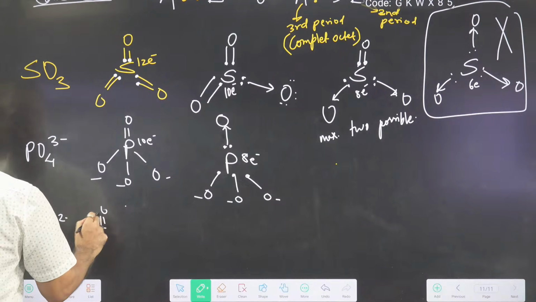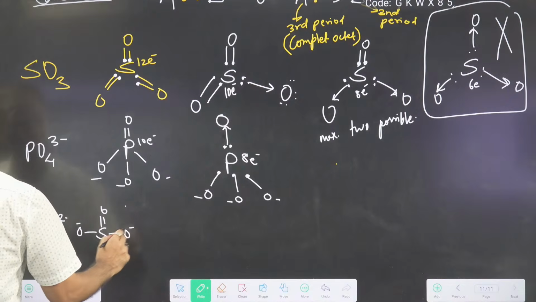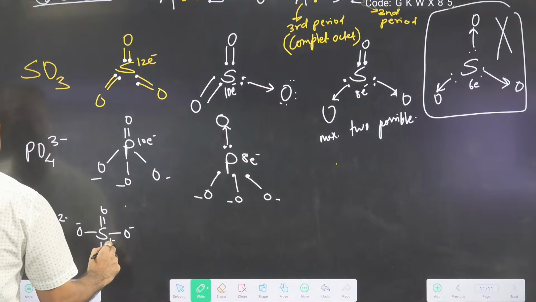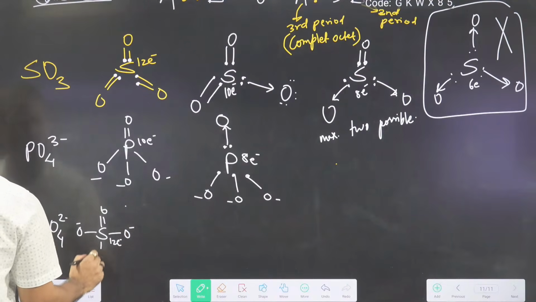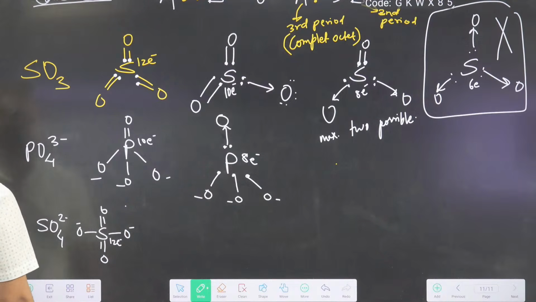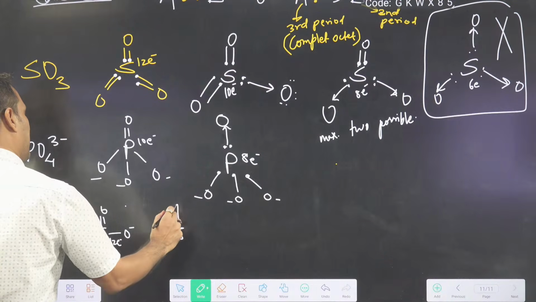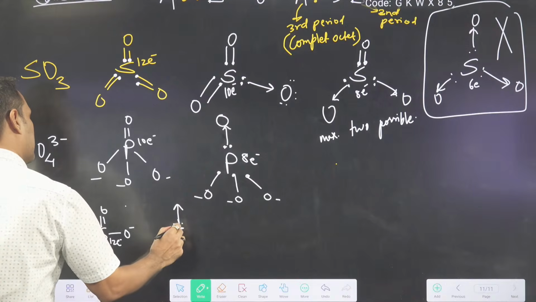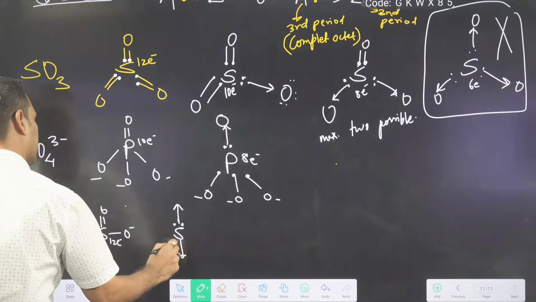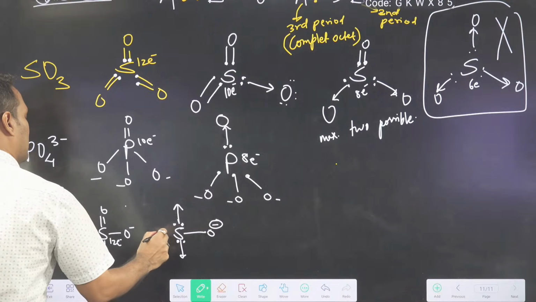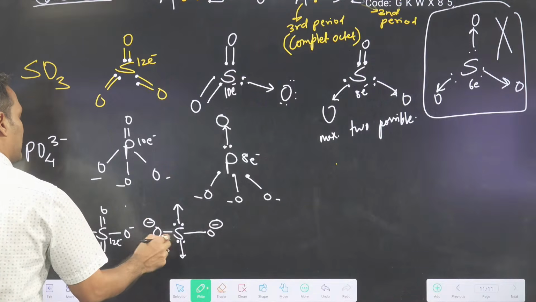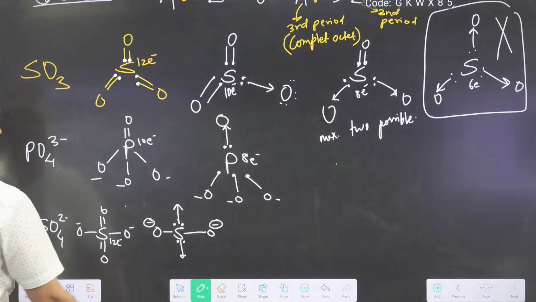SO4 2 minus, sulfate diagram is like this. Again sulfur is rich, 12 electrons. So it can again make 2 coordinate bonds: 2 electrons by equal sharing and 2 lone pairs by coordinate bond.